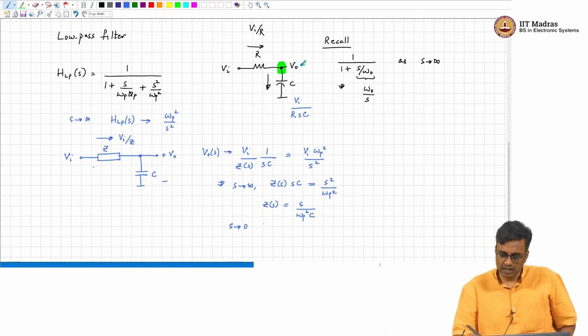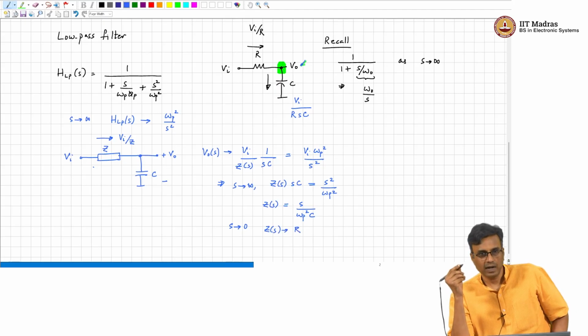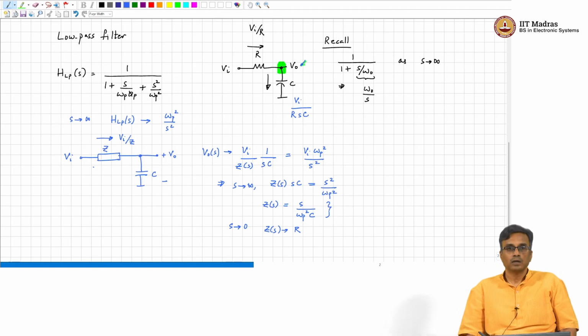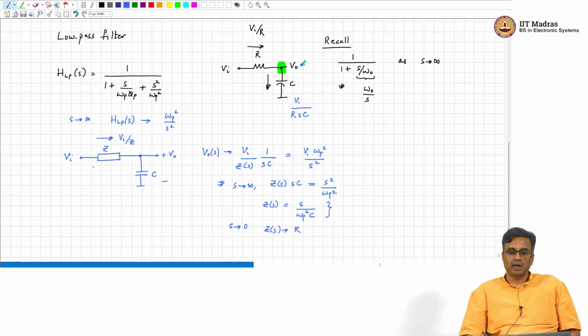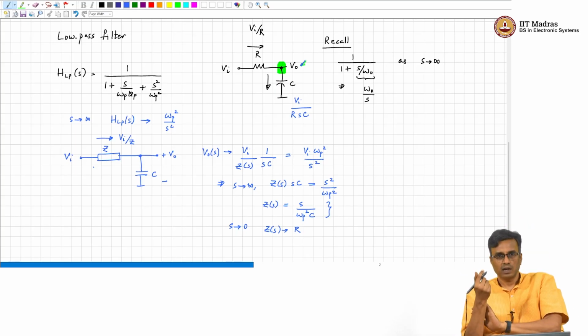So, as S tends to 0, Z of S must tend to some constant, let us call that R. As S tends to infinity, Z of S must tend to infinity. So, can you think of a simple impedance where the impedance at DC is some resistance, and as the frequency tends to infinity, the impedance also tends to infinity?